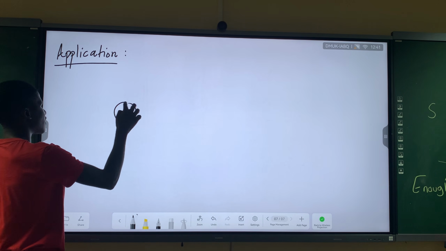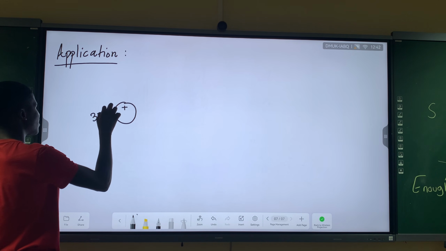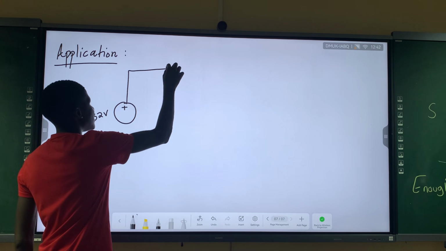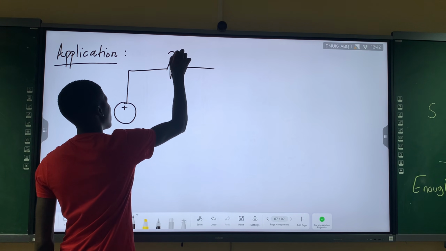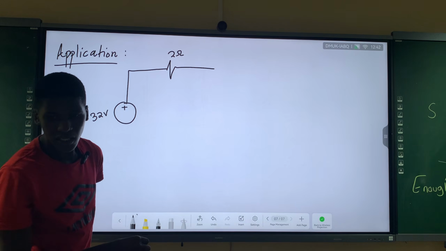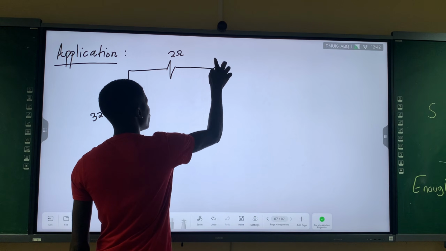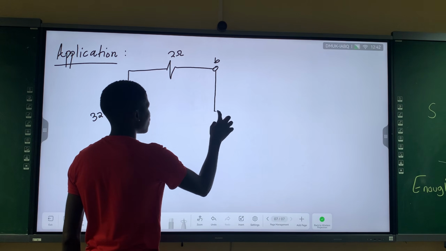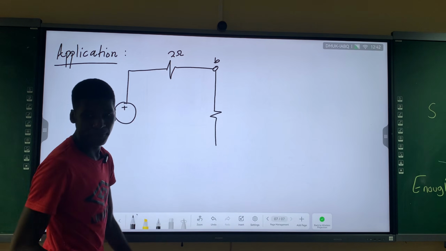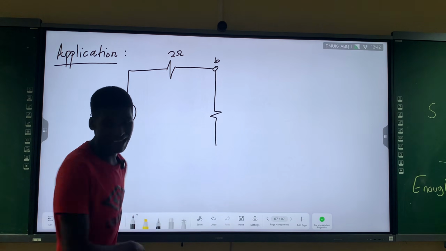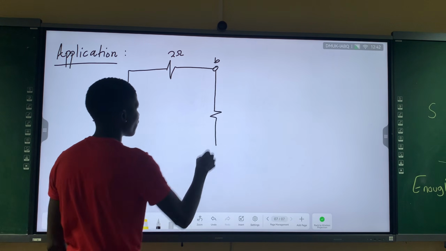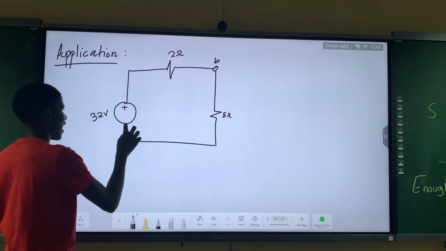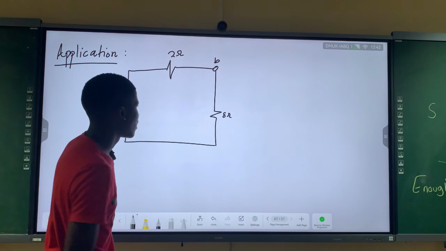Let's take this as the power source with 32 volts and a resistor with 2 ohms. Basically, you've got a node B, and then another resistor of 8 ohms.